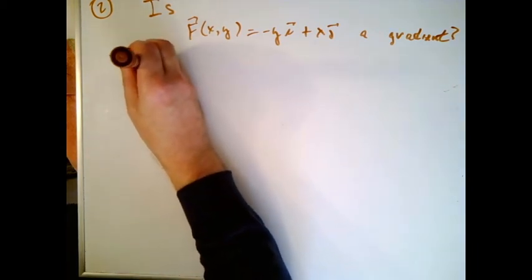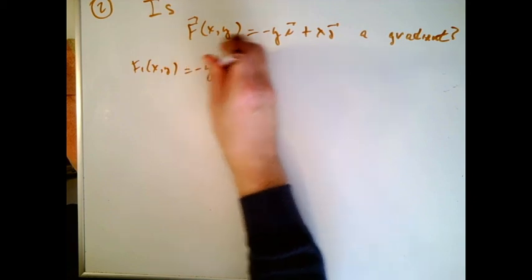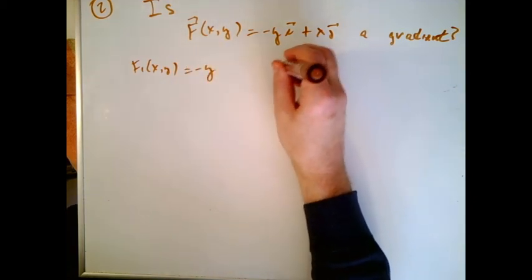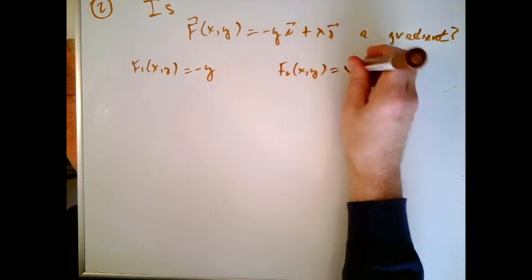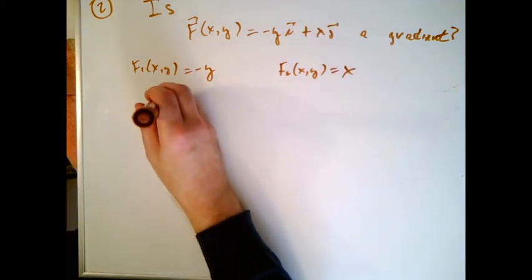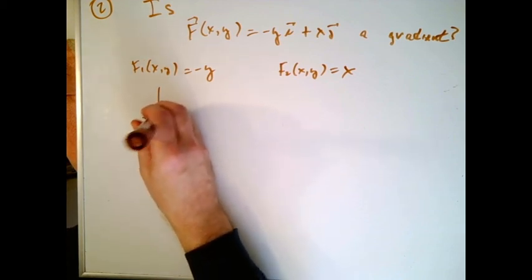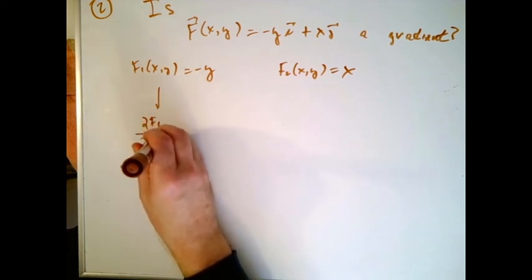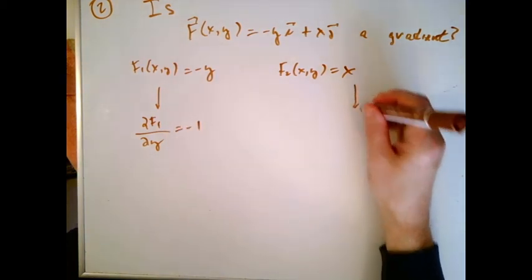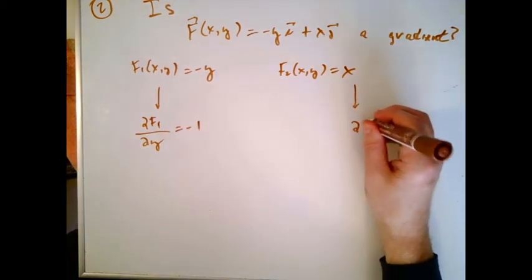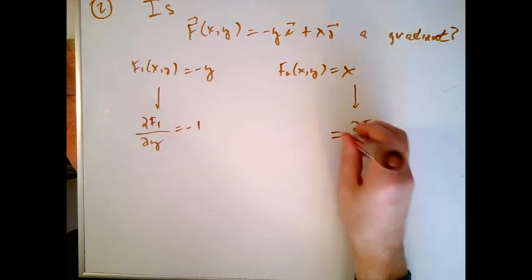Identify f1. f1 is just the stuff next to i, that's minus y. Identify f2. f2 is just the stuff next to j, and that's x. Then I want to take the partial derivative here with respect to y. I'm going to get the partial of f1 with respect to y is minus 1. And then I want to take the partial derivative of this with respect to x. I get the partial derivative of f2 with respect to x is 1.